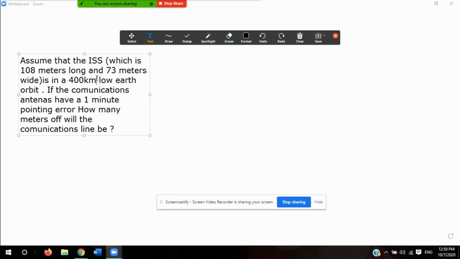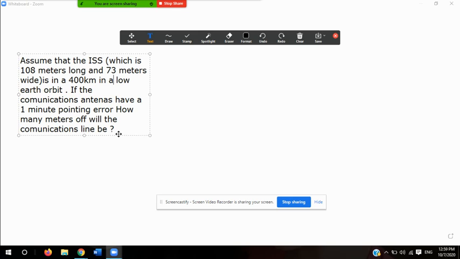If the communication antennas have a 1-minute pointing error, how many meters off will the antenna be? So here's the thing we want to note: to point out the information that we do have.